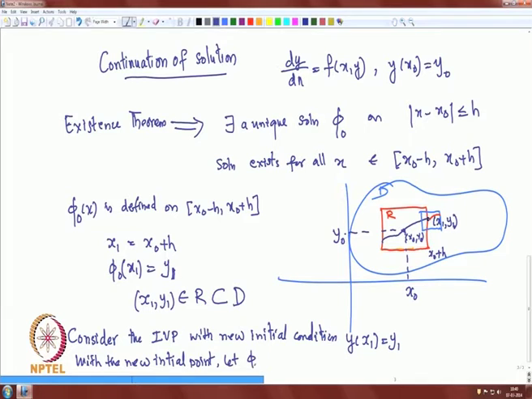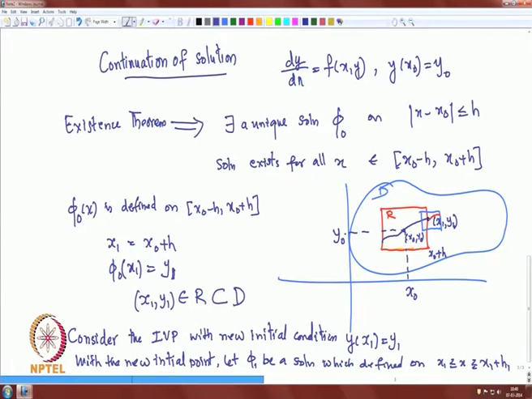Let phi 1 be a solution which is defined on x1 less than or equal to x less than or equal to x1 plus some h1.